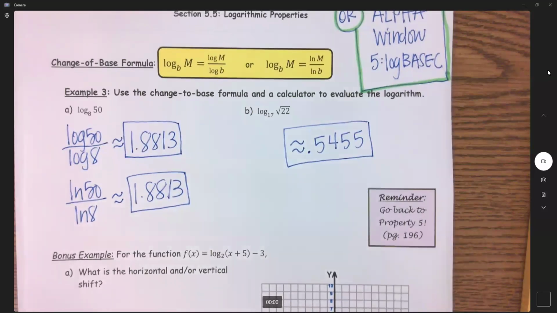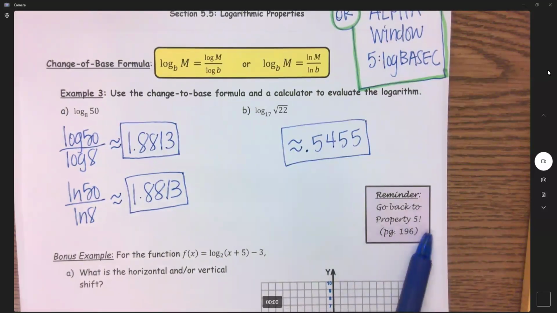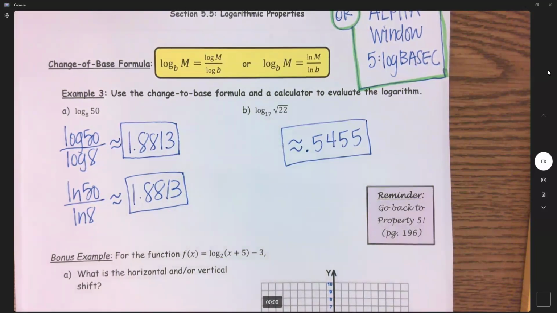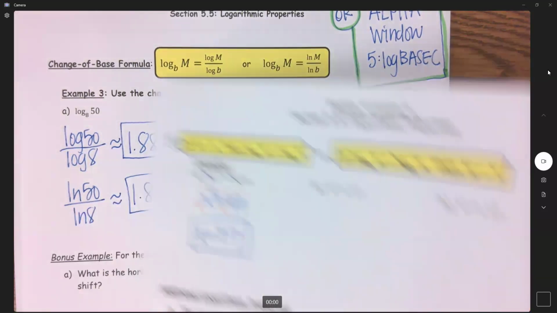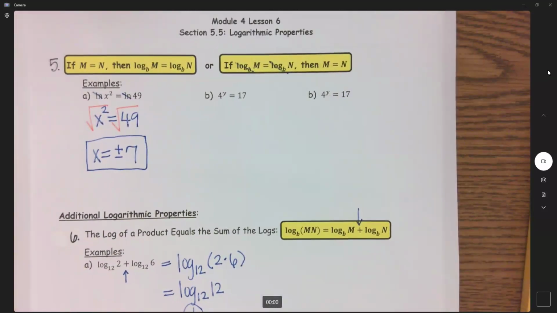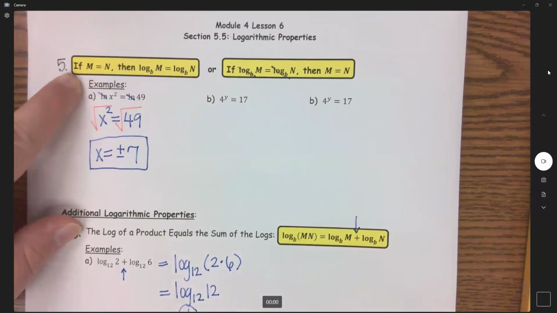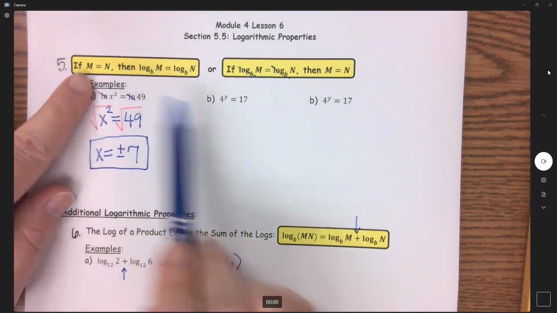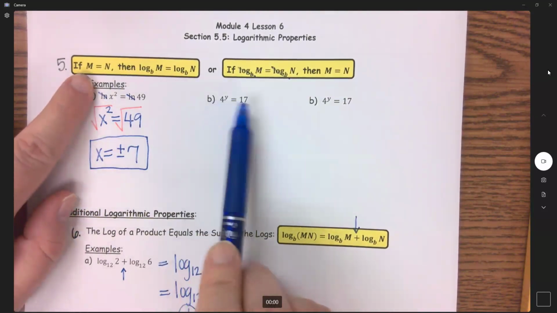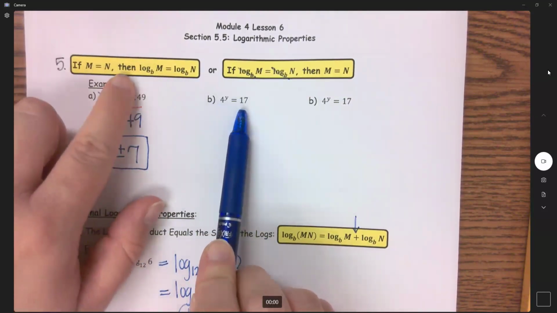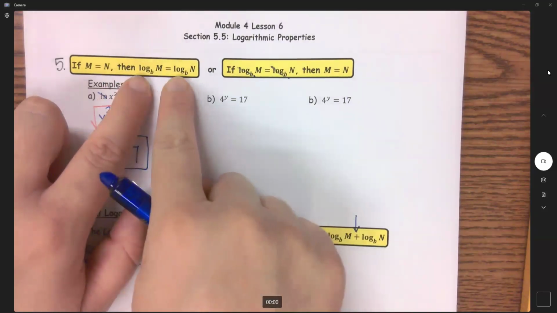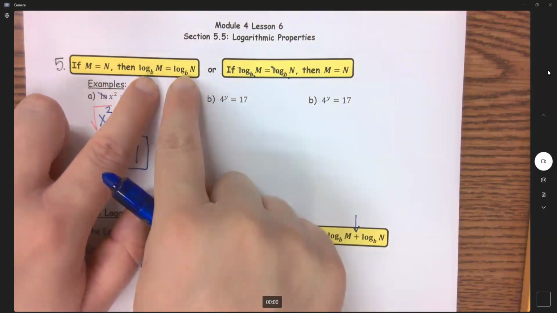Now, before I end this video, I have this little reminder here. So let's go back to property 5 on page 196. And we skipped these 2 problems here. So let's go back and solve these. If I apply this property here, it says if m equals n, which is what we have here. This is my m, this is my n. What it states is then I can add a log of any base to both sides, as long as that base is the same.